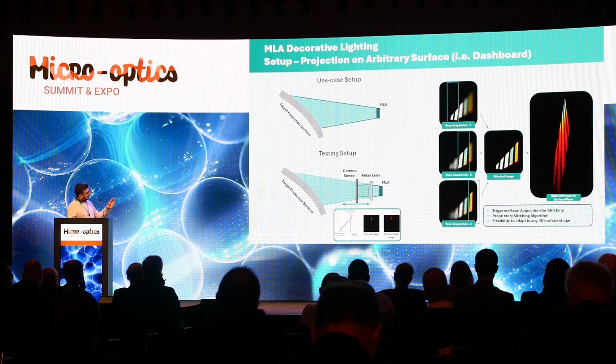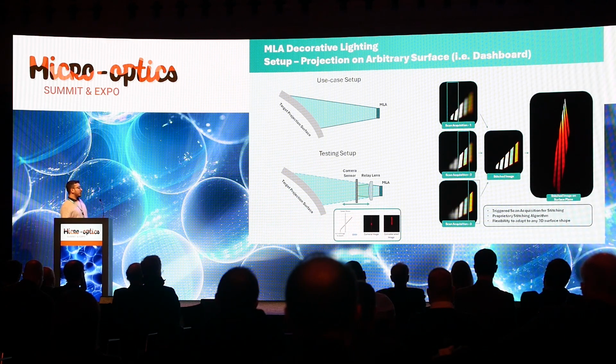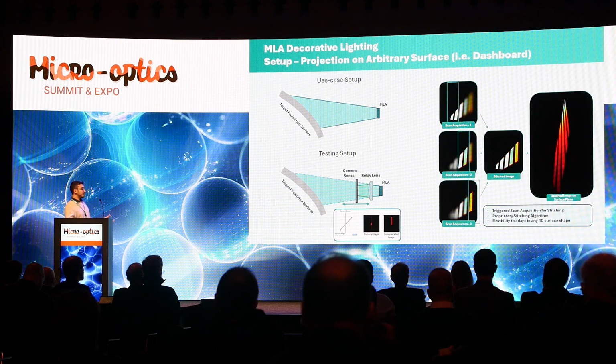We perform a trigger scan acquisition with the camera sensor to sample the focal plane obtained after the relay system in different positions, and then we stitch together the different images obtained with a proprietary algorithm again, and then we project the image on the projection plane. And of course this is a slower method with respect to the first one, but it has the potential to be flexible enough to adapt to any 3D surface shape.